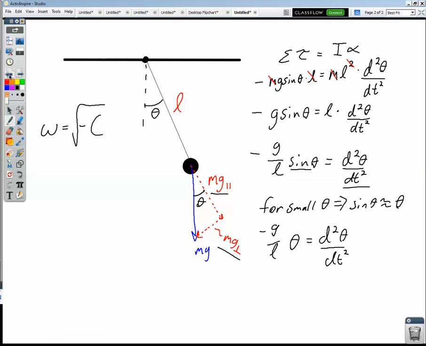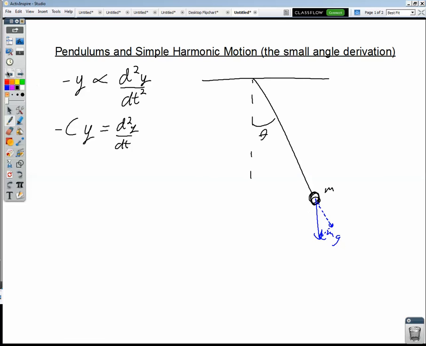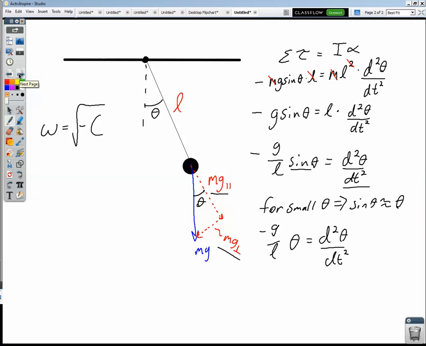All right, so going back, we look at our condition, this constant right here is the one in front of the position. So putting that into our equation, we've got omega for simple harmonic motion is equal to the square root of the opposite of g over L. So omega then, the opposite of the opposite, gives us a positive.